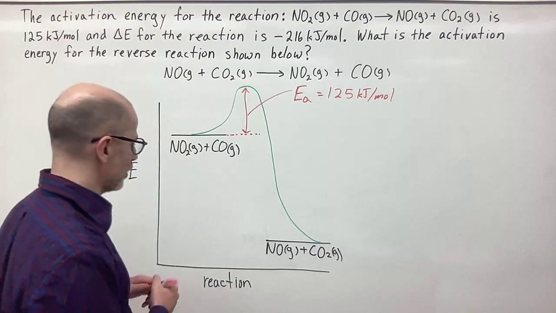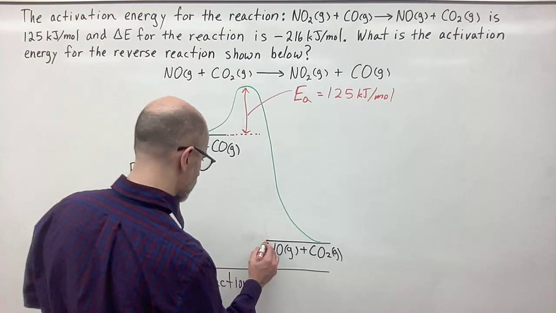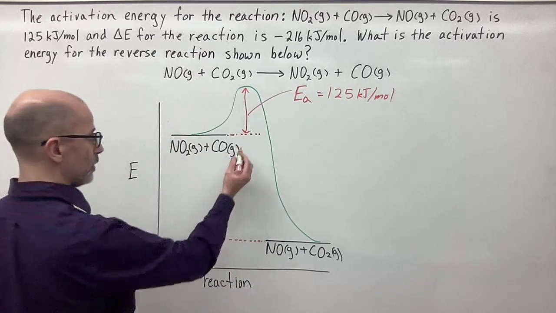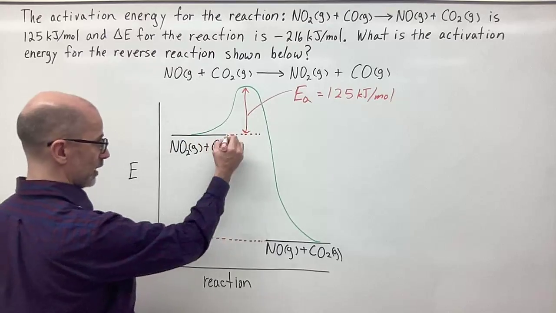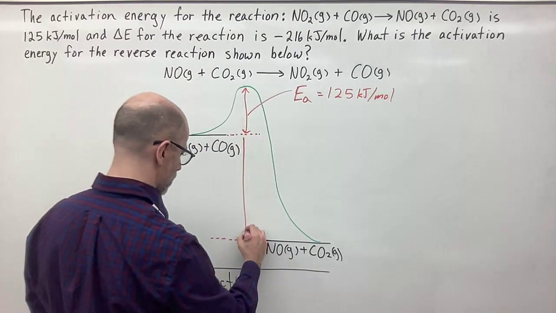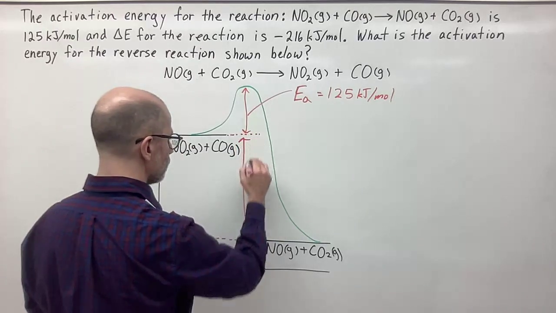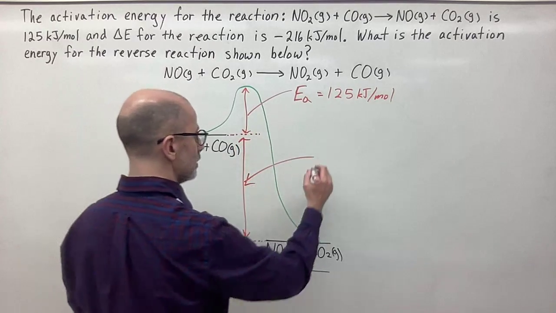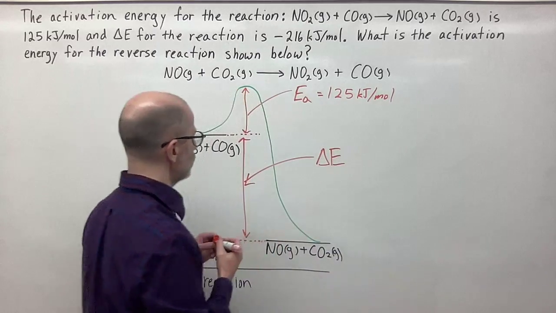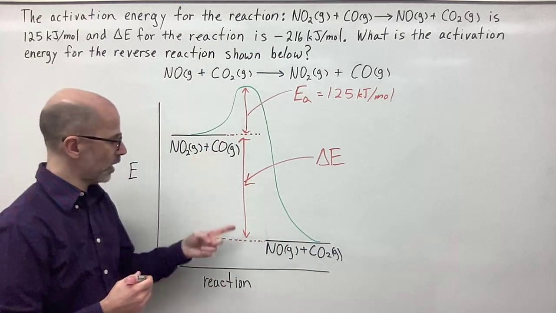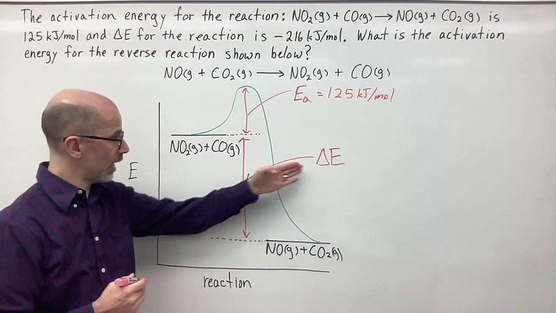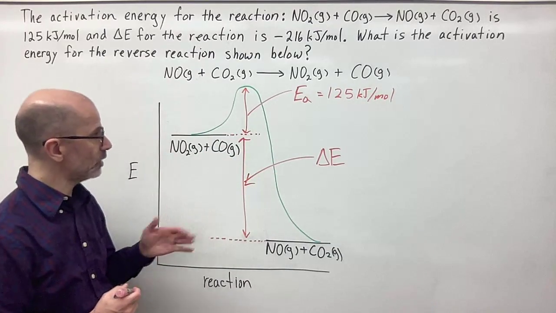So between this level here and this level here, that is delta E. So the difference in energy between products and reactants is the change in energy of the reaction.